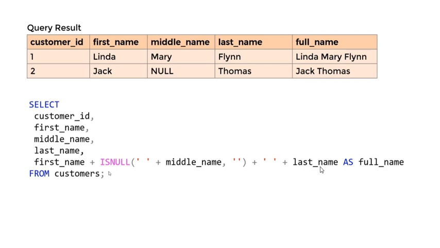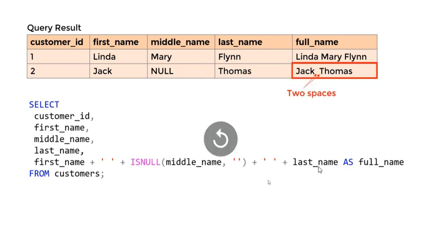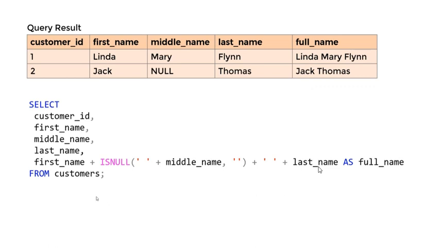Here two spaces are there. So to remove one space, the middle name one space. Jack and Thomas had two spaces previously. So we have to remove one.